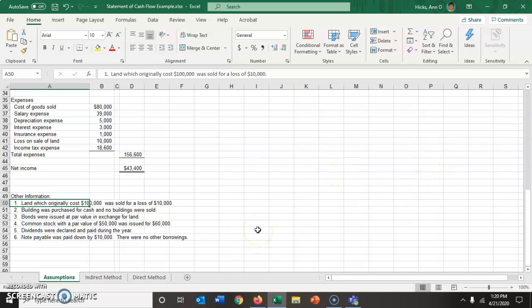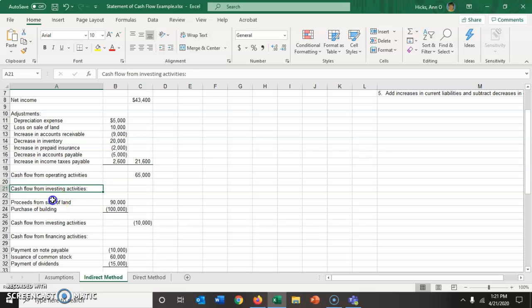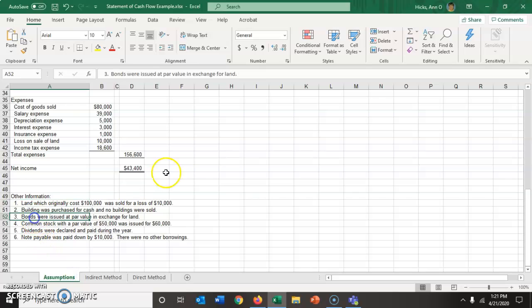Because if there was a loss of $10,000, we sold it for $10,000 less than what we're carrying it on our books for. Remember, land is a non-depreciable asset, so its original cost is what we would have carried it for. So if we go over here to the cash flow from investing activities, we see proceeds from sale of land for $90,000.